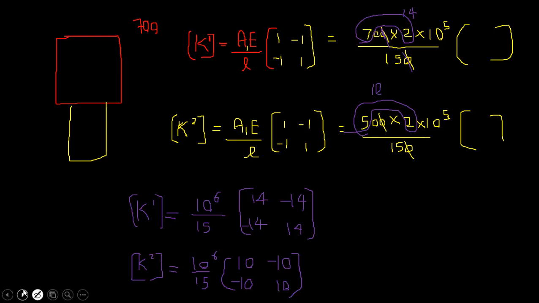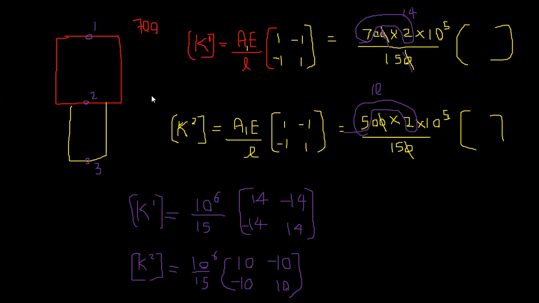So we take the average of each portion and take it as the average area, and we define the stiffness matrix for each element. So in this you have the first node, the second node, and the third node, right?